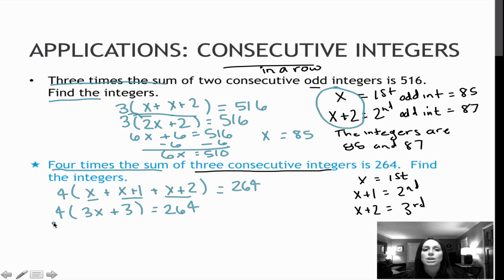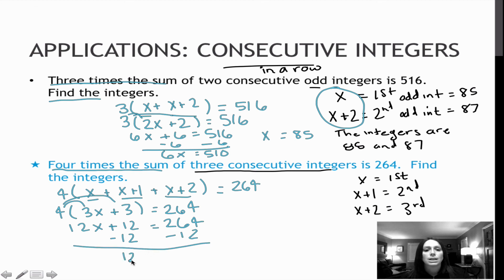Again, you have the option on this step of dividing each side by 4, which would just give me 3x plus 3 equals whatever 264 divided by 4 is. Instead, I'm going to go ahead and distribute. So 12x plus 12, again, I've distributed the 4 by multiplication, equals 264. And then you're going to subtract 12 from each side to get 12x equals 252. I'm going to divide by 12 to get x equals 21.